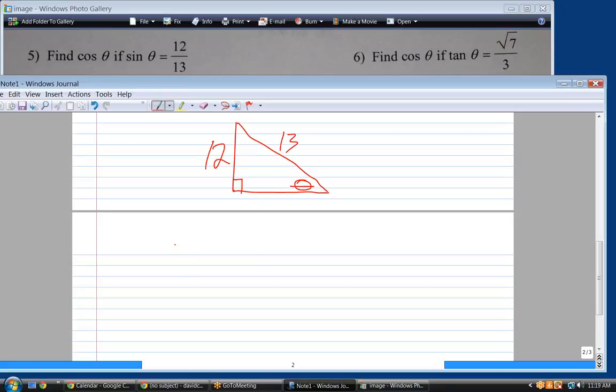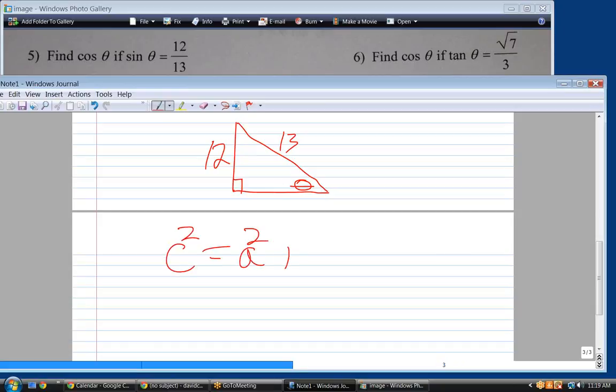So rather than starting from this and having to do all the complicated algebra, I would suggest you start from these two steps and memorize these. C is always the hypotenuse. It's always equal to the square root of a squared plus b squared.